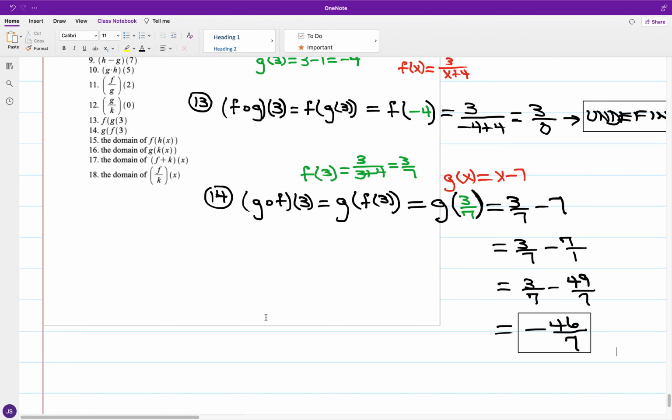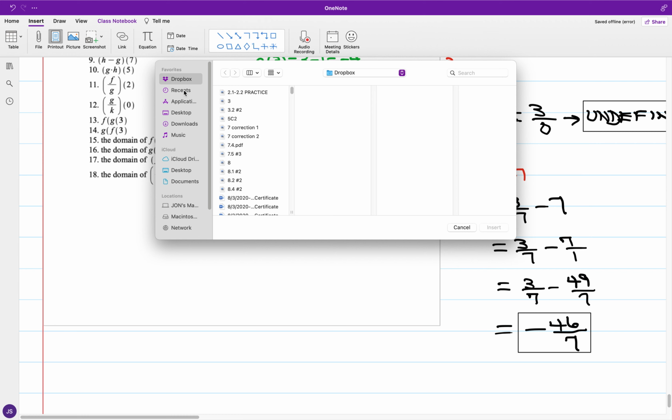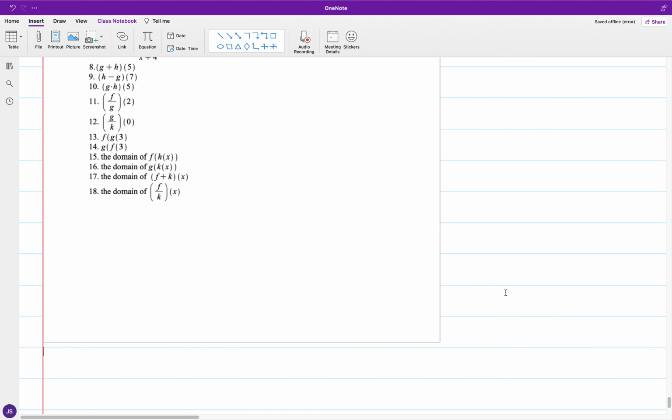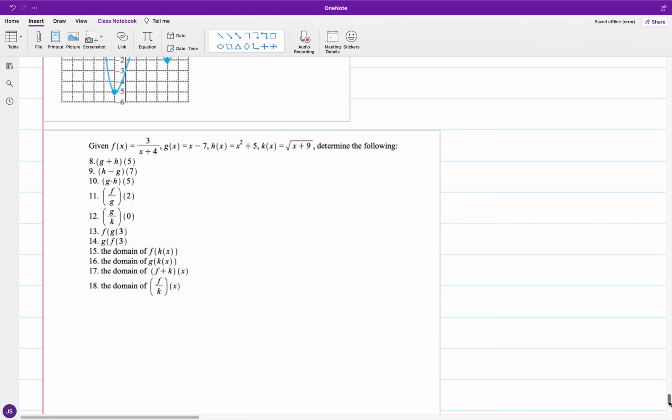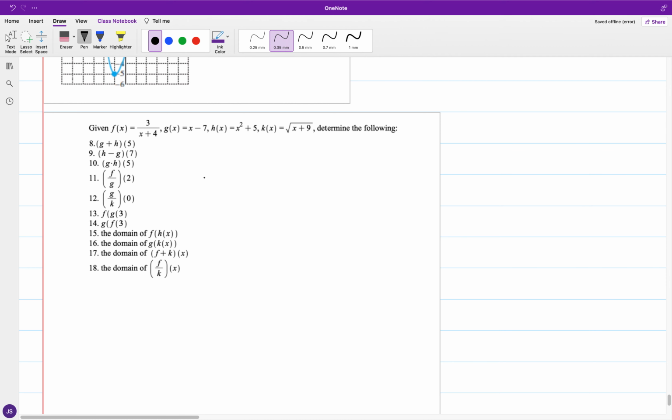Now, where the domains are concerned among the functions and the operations, for number 15, we're looking at the domain of f composed with h of x.